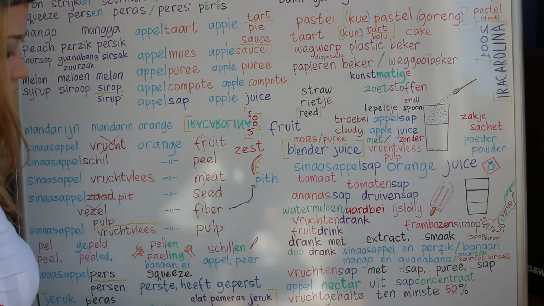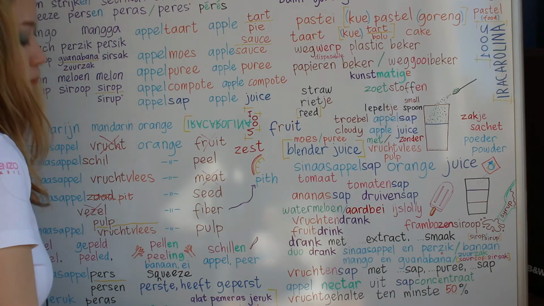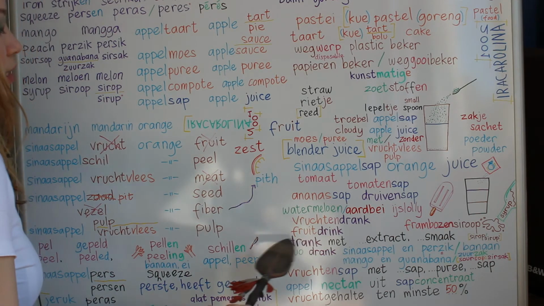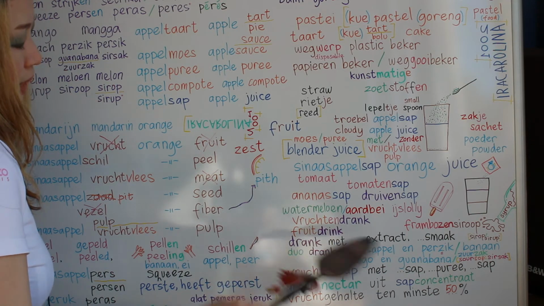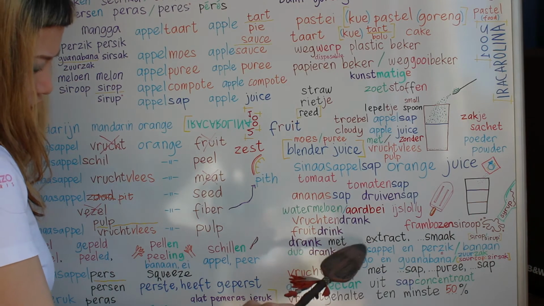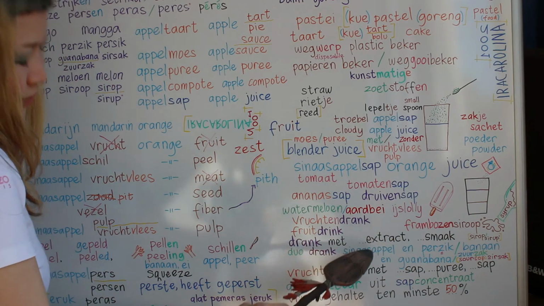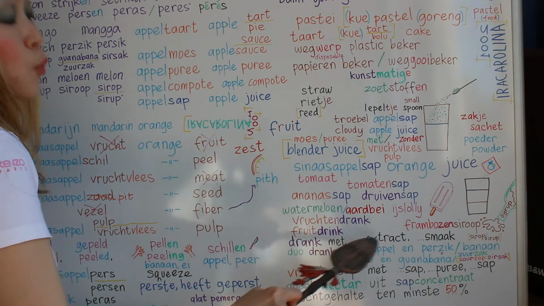I will go back here. So sometimes you get the ingredients when it's not 100% fruit. We can see that it's drink, met, with. And then I put the dots here right next to the word, because it will be one word.